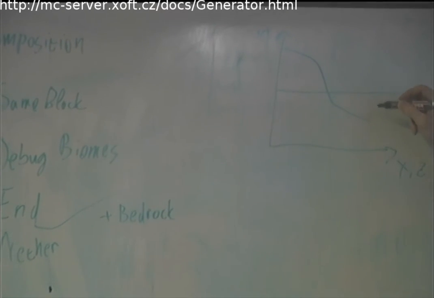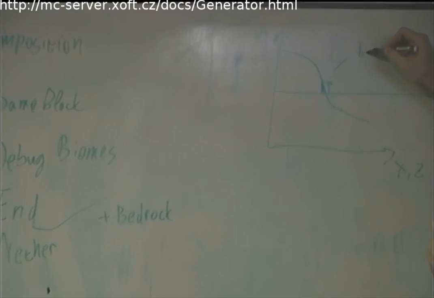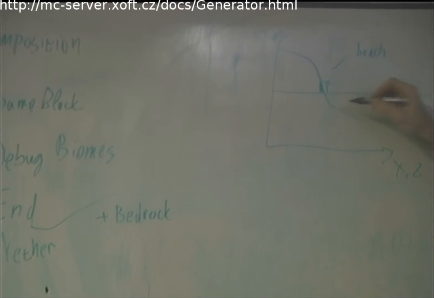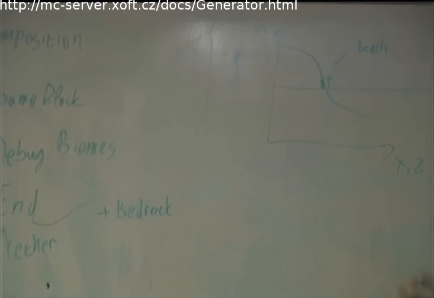So this is a sea level. Anything up until a little bit above sea level, this little thing is a beach. So it gets sand on top, a little bit of dirt underneath, and finally stone.